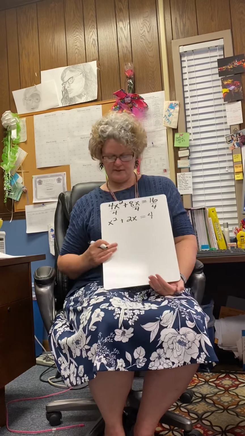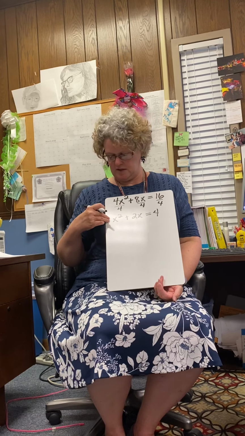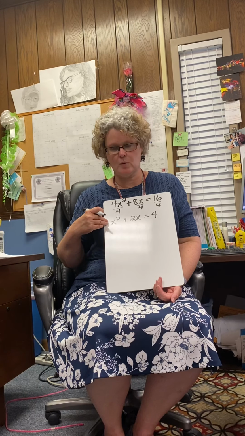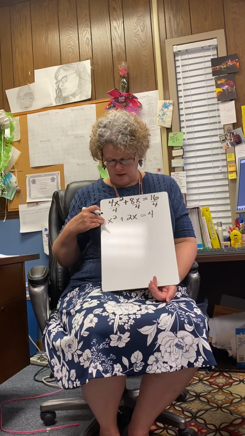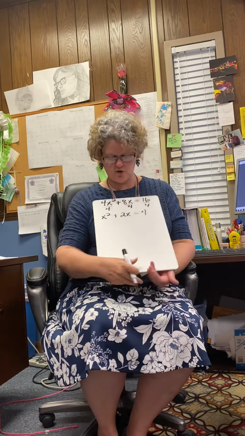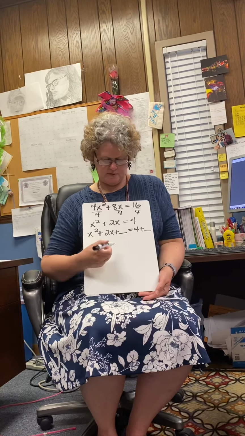Okay, and so now this is in the proper format so that I can use the complete the square method to solve it. So I'm going to insert my spaces. So x squared plus 2x, I'm going to add a space on the left, and I'm going to add a space on the right. And what am I going to put in this space?